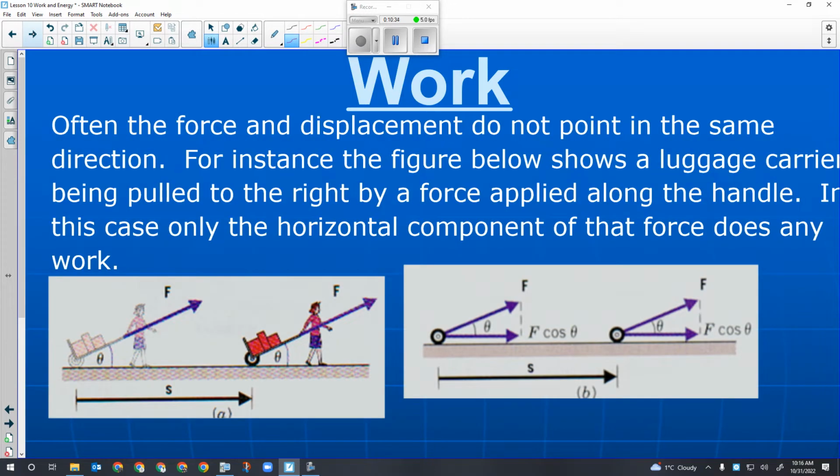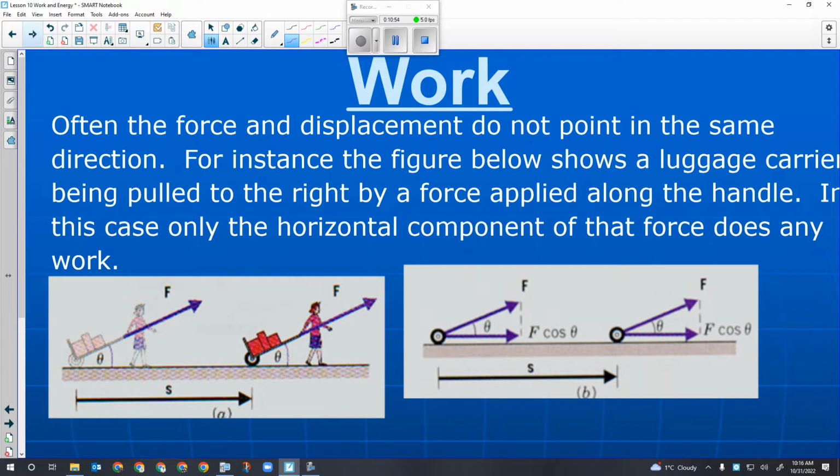All right, now, in a case like this, kind of the tow truck example I was talking about before, sometimes we exert a force in one direction, but the work, or the displacement, is done in another direction. Okay? And so we have to keep that in mind and only use the part of the force that's actually doing work. Okay?